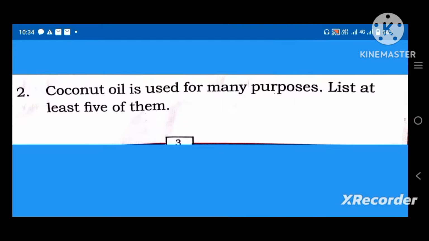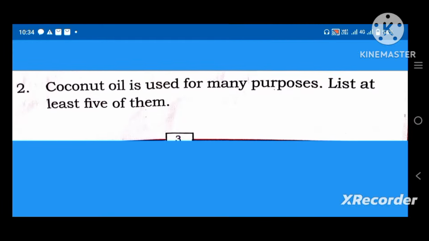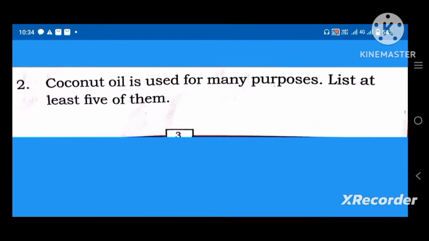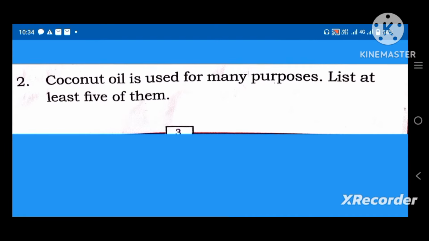Second one, coconut oil is used for many purposes. List at least 5 of them.